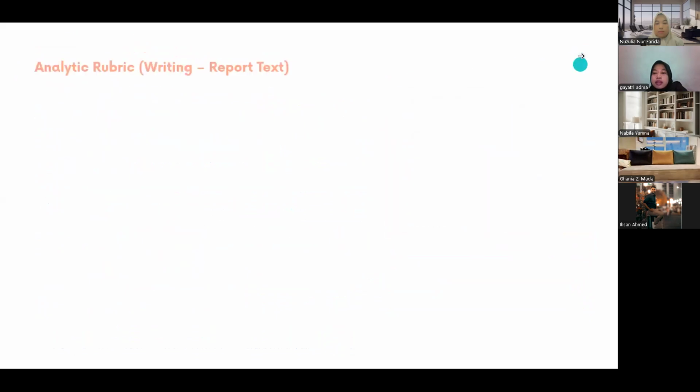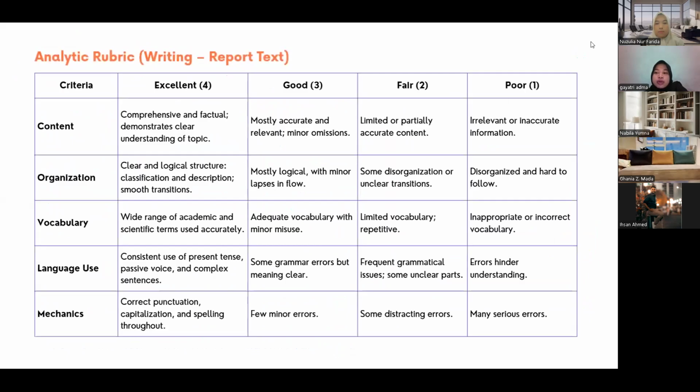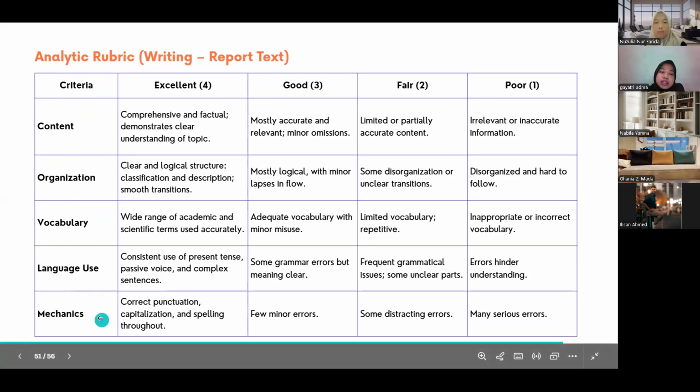Okay, and then this is the analytical rubric that we can use to give a score after we conduct our writing assessment. As I showed before, there are some criteria that we have to pay attention to, like content, organization, vocabulary, language use, and mechanics.